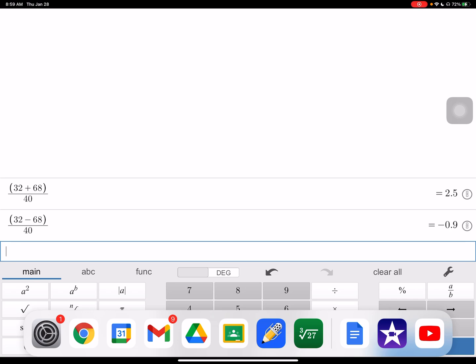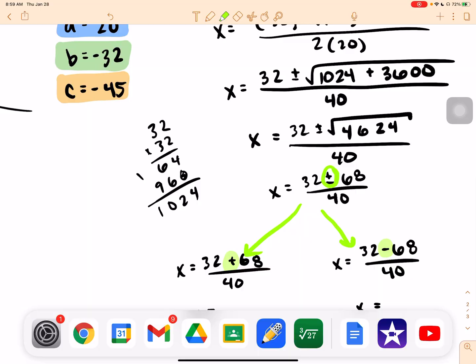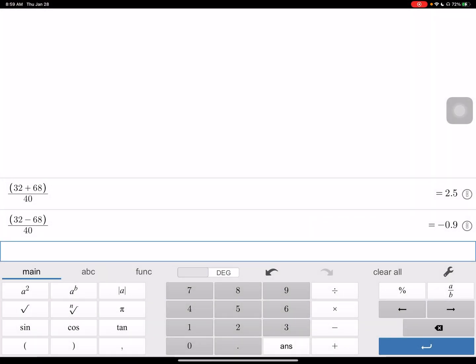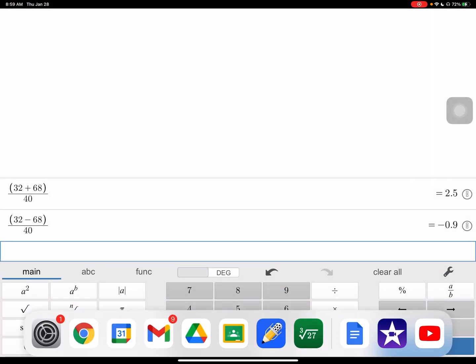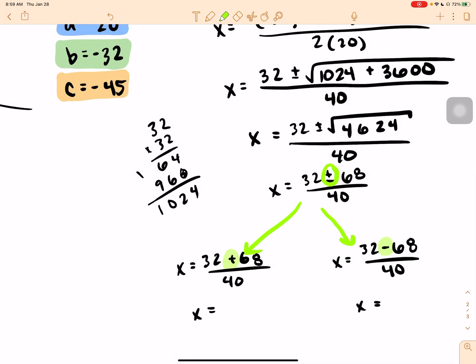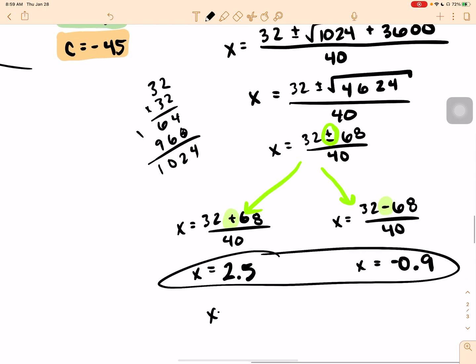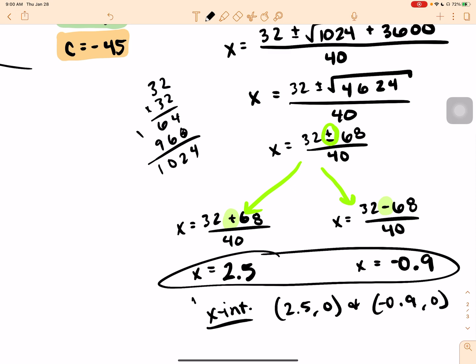So let me make sure that those were the right 32, 68, 40. Yeah, okay, so 2.5 and negative 0.9. Negative 0.9. These are your answers. So your x-intercepts are 2.5 comma 0 and negative 0.9 comma 0. Okay.